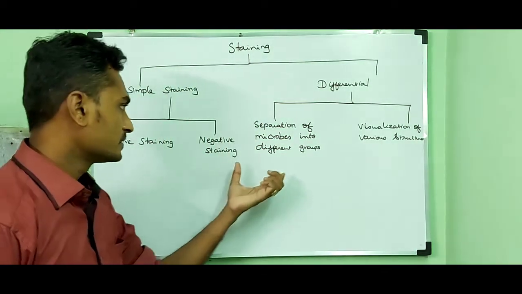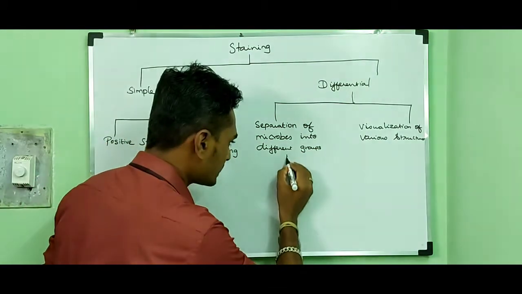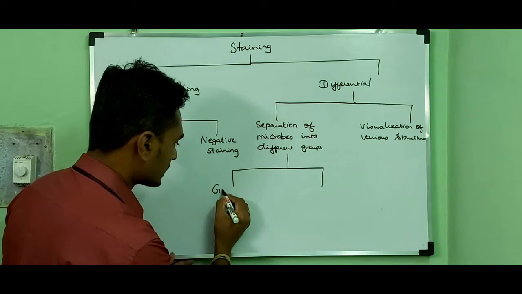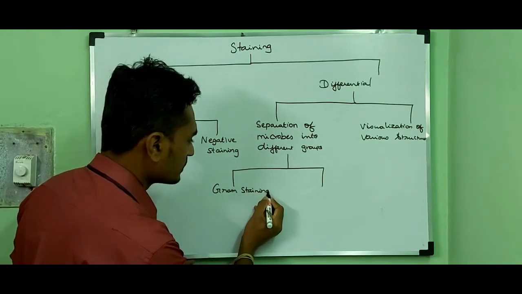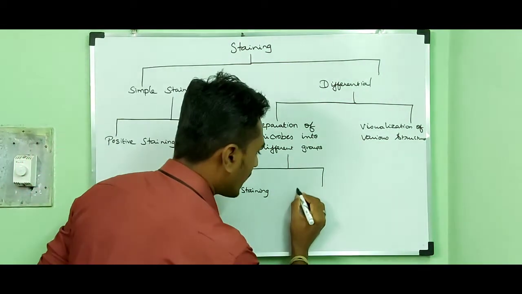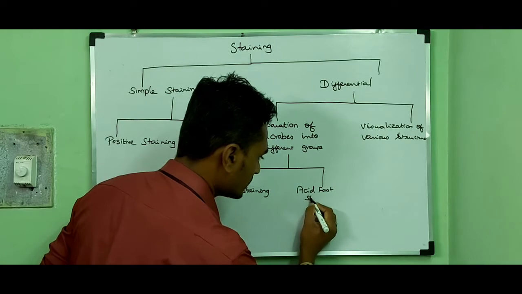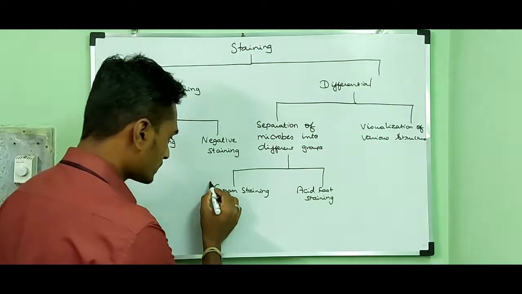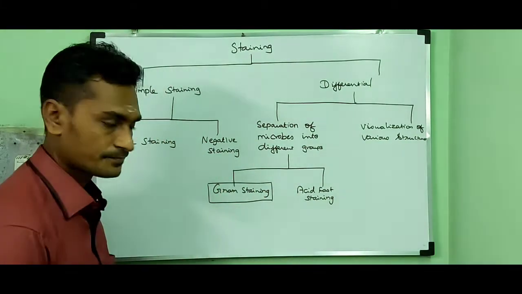Then the separation of microbes into different groups is again classified into two types. They are gram staining procedure, then acid fast staining procedure. So in this video, we are going to mainly concentrate on gram staining procedure.